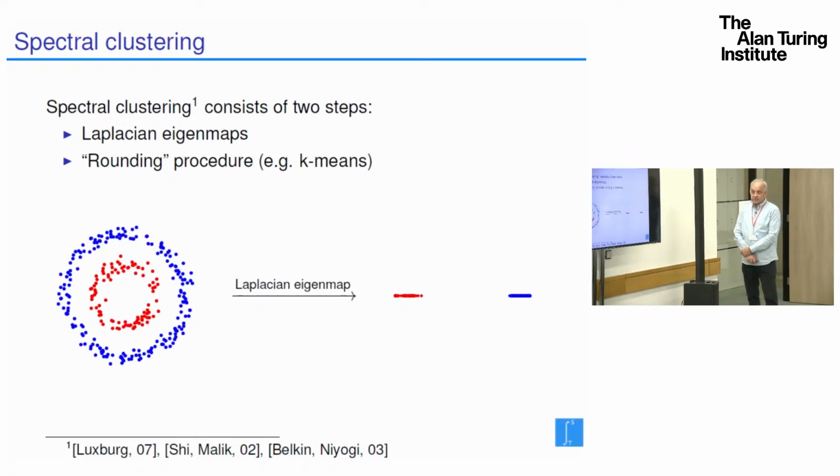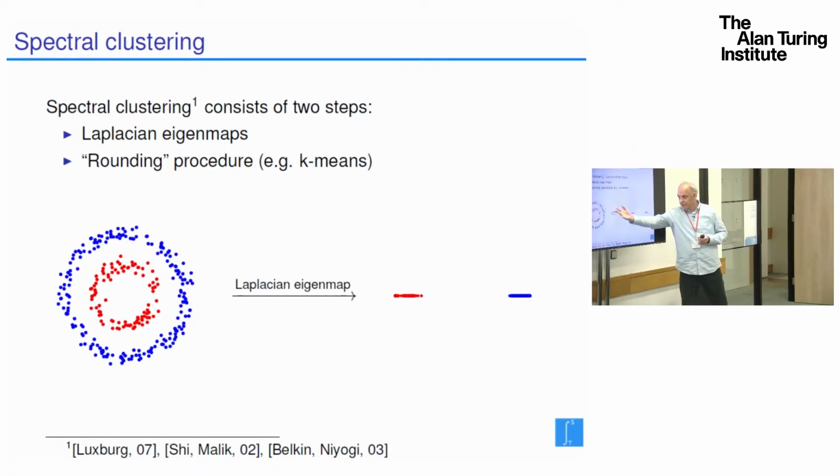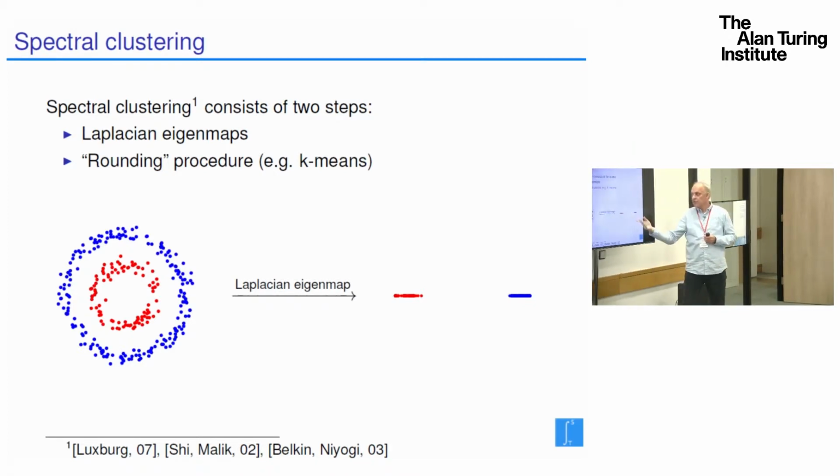Spectral clustering consists of two steps. One is we construct this Laplacian eigenmap. That's the first step. I will explain in a second. And the second step, which is necessary because your clusters are not infinitely apart and are not already known to you in advance, is that after you have mapped them into this other space, you hope that k-means now does work because things are nicely separable, hopefully.